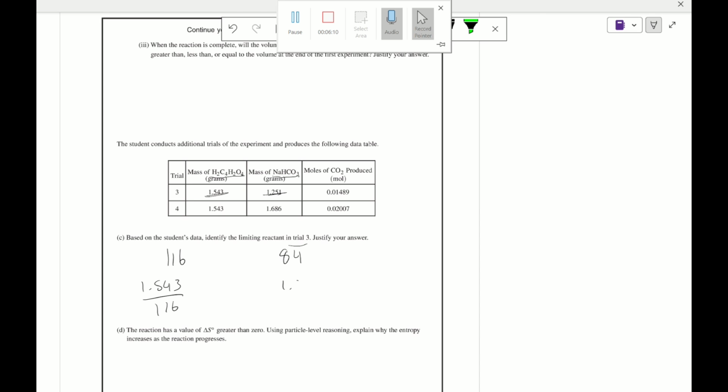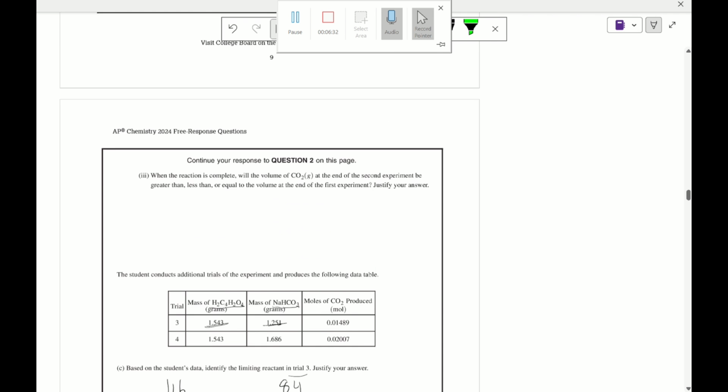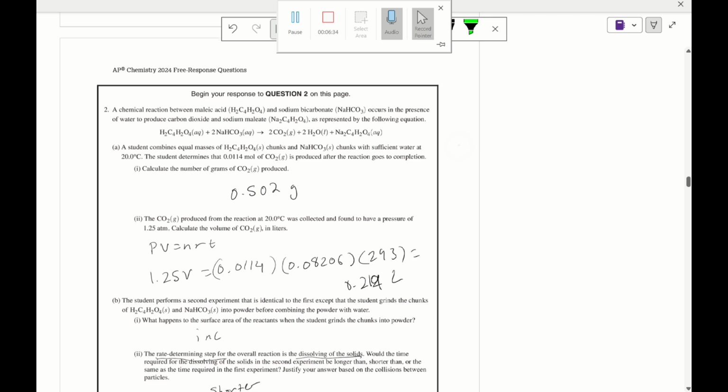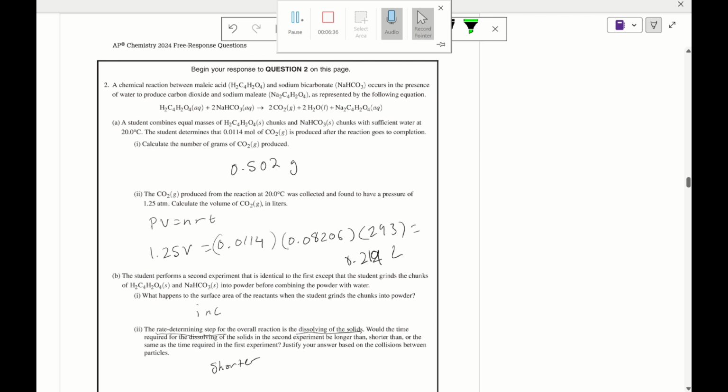So you divide, and that would give us 0.0133, and then that would give us about 0.01489. But we're not done here yet, because in the reaction it says 2 NaHCO3s per each of the H2C4H2O4s.